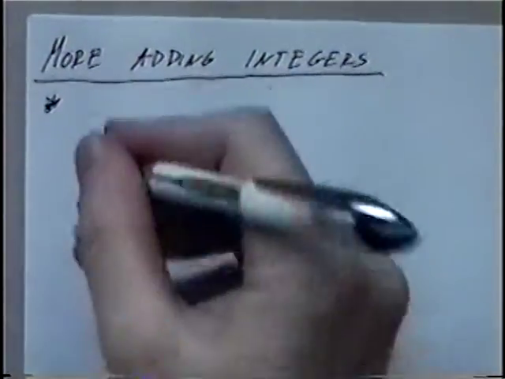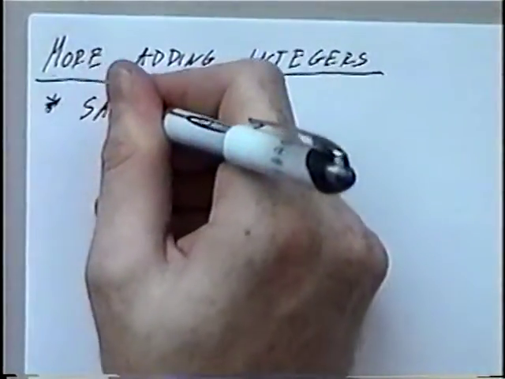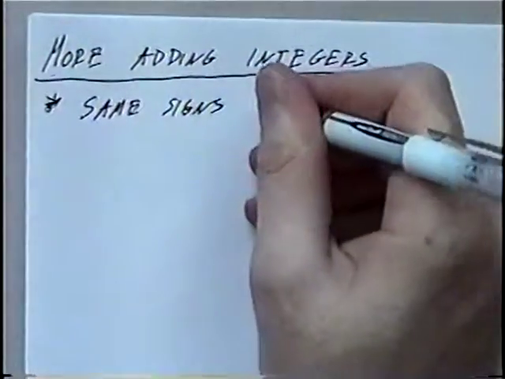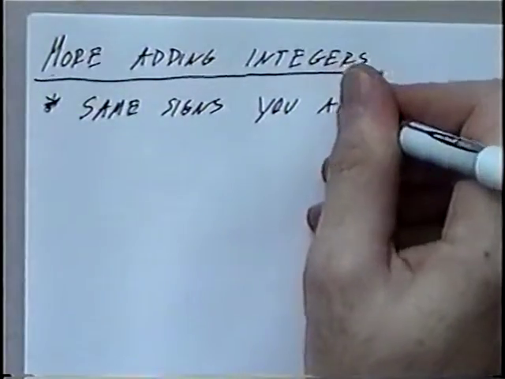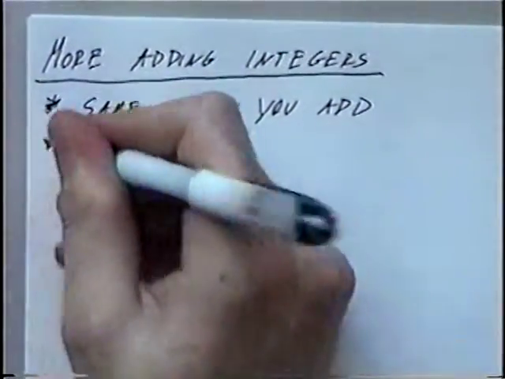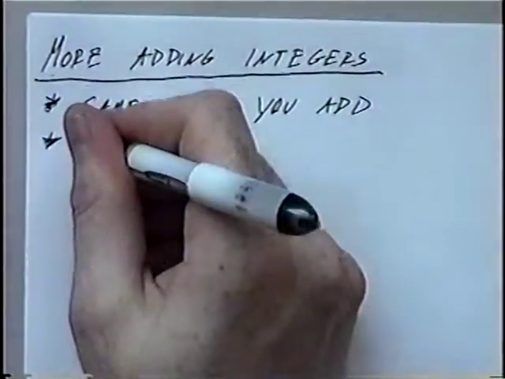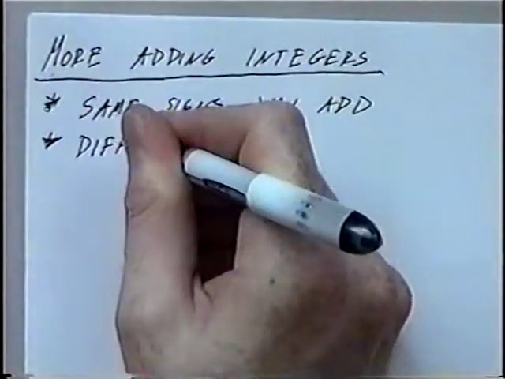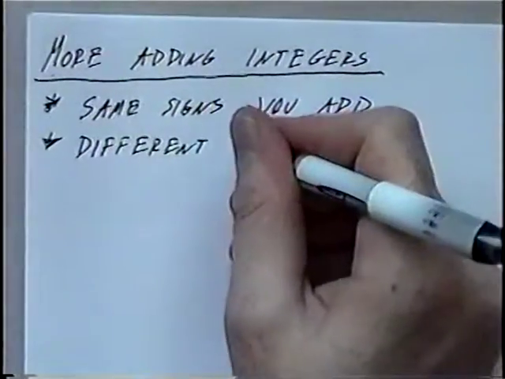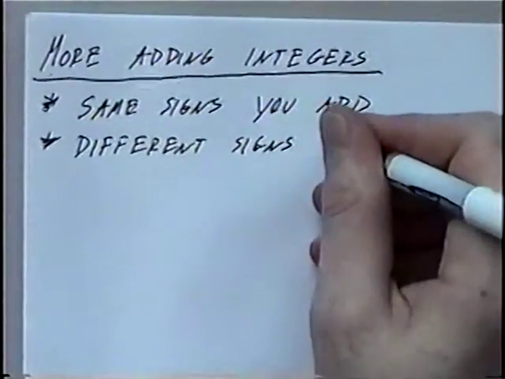The first rule that we'll follow is same signs, you add. And the second one, different signs, you subtract.